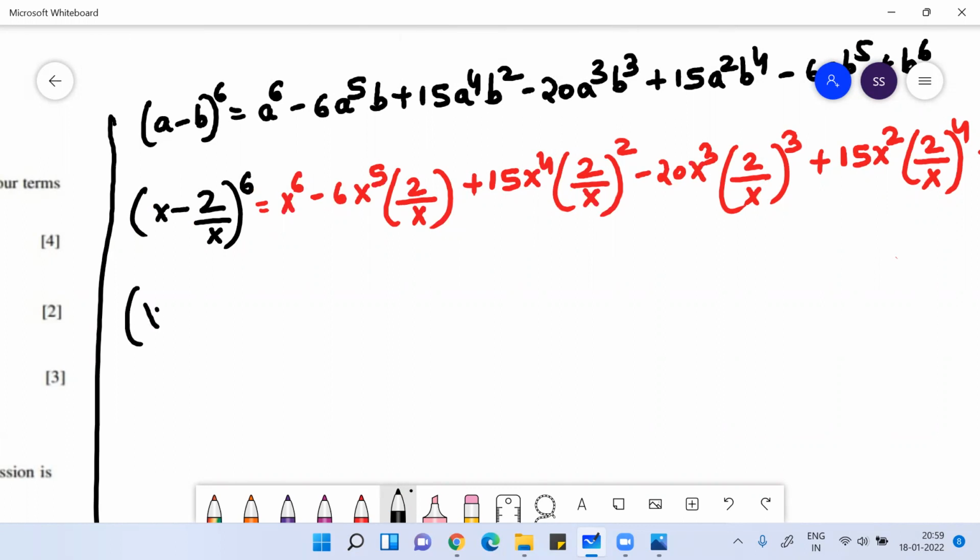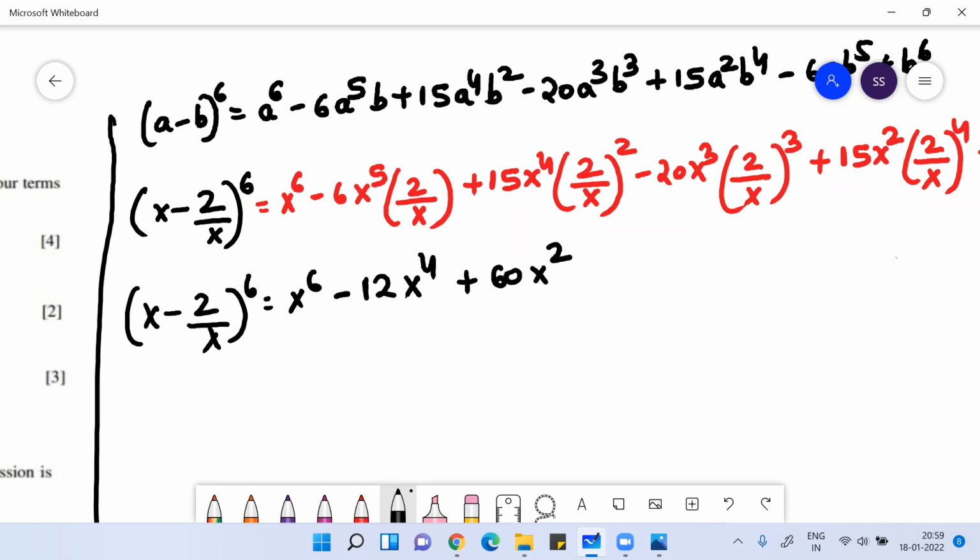So here, x minus 2 by x to the power 6 is x to the power 6 minus 12 x to the power 4 (6 2s are 12), plus 15 into 4, 60, x square, minus 20 into 8, minus 160, then x cube will get cancelled.